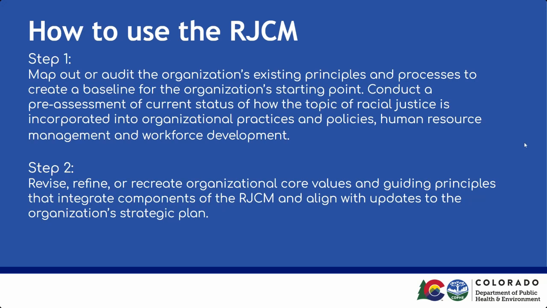And then how to use the racial justice competency model. Step 1 is to map out or audit the organization's existing principles and processes to create a baseline for the organization's starting point. Conduct a pre-assessment of the current status of how the topic of racial justice is incorporated into organizational practices and policies, human resource management, and workforce development.